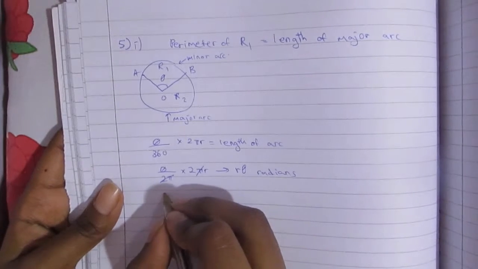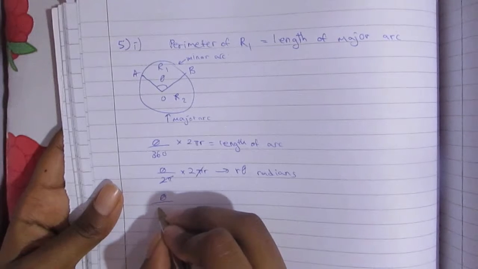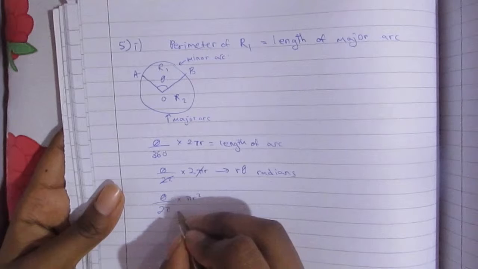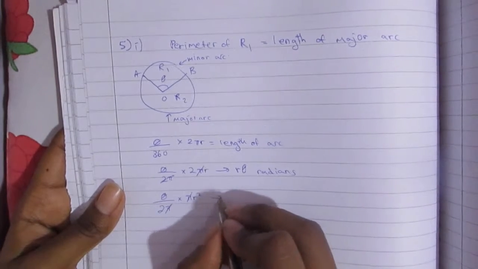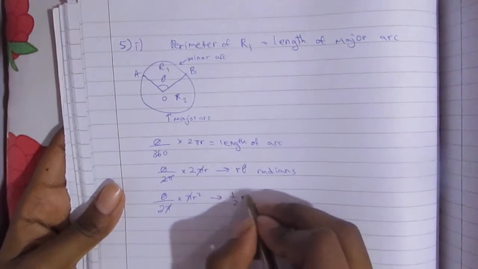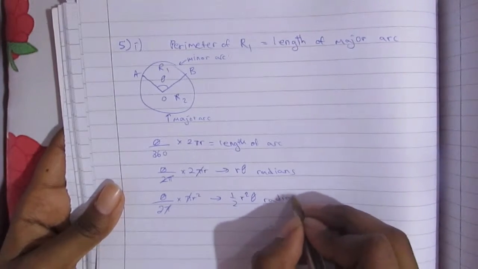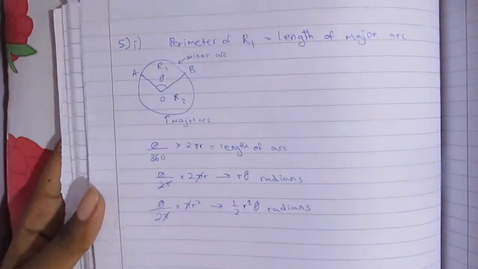Literally, that's it. And then for the area, it's theta over 360, just write it as 2 pi times pi r squared. Simplify that, cross out the pi's, it gives you half r squared theta radians. And yeah, that's it.